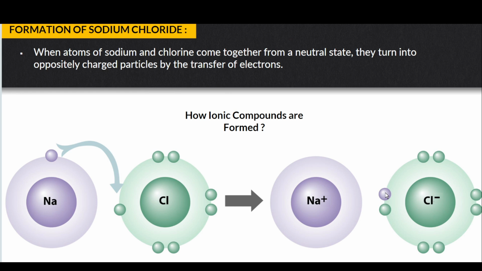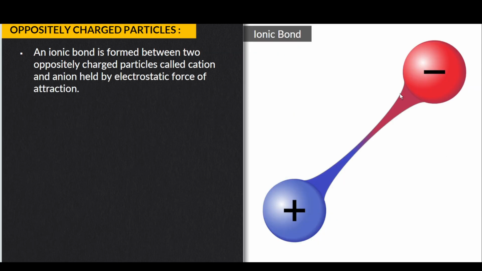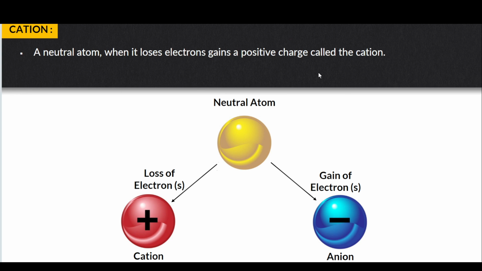So basically in ionic compounds or ionic bonding, electrons are transferred. Now one atom is positive, the other is negative, and we know opposite charges attract, right? So they will attract. There would be a force of attraction, and this forms ionic bonding. That's how ionic compounds are formed.